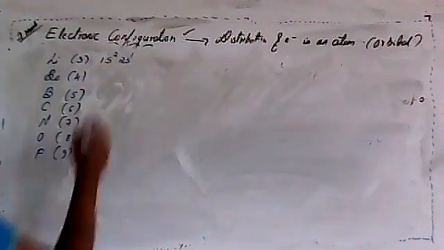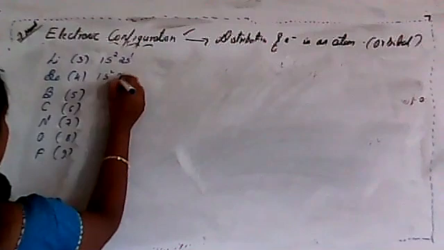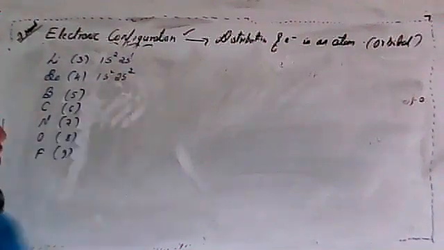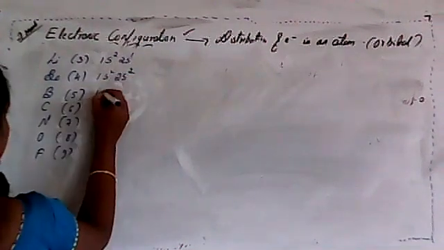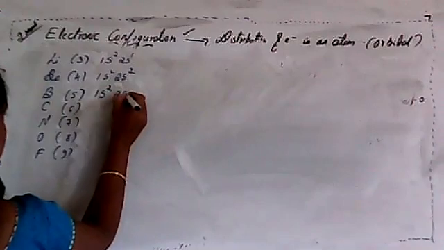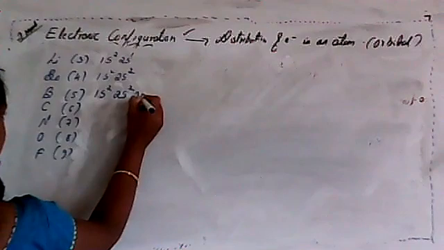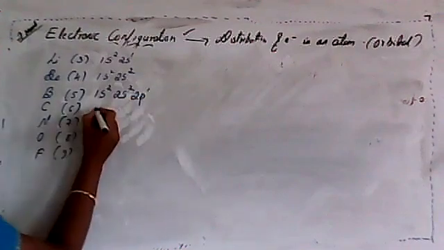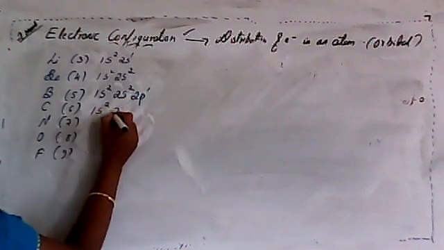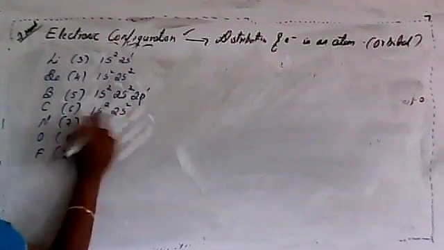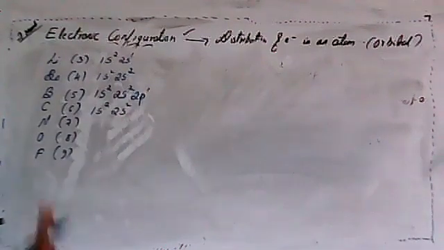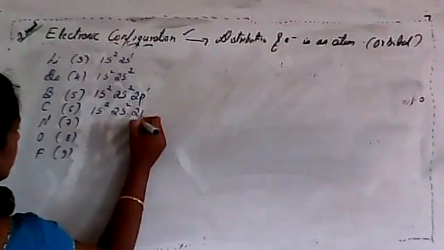Next one 1s2, 2s2. Next one, 1s2, 2s2, then one electron remaining is filled in the p orbital. Next one 1s2, 2s2; 4 electrons were already filled, the remaining is 2, so 2p2.